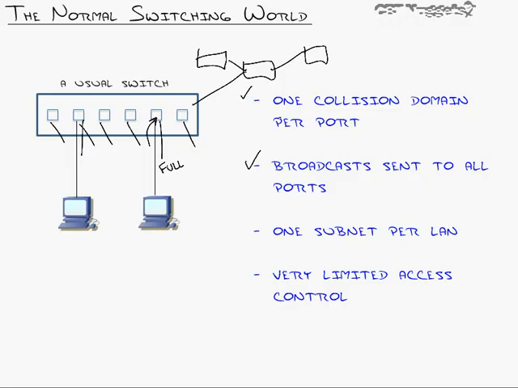Now, down below that, you see one subnet per LAN. Meaning, in the normal switching world, if we have all these switches daisy-chained together, and I said, this is the 172.16.1.0 network, that means all the PCs plugged into there have to start with 172.16.1. something. This one might be .50, or this might be .51.